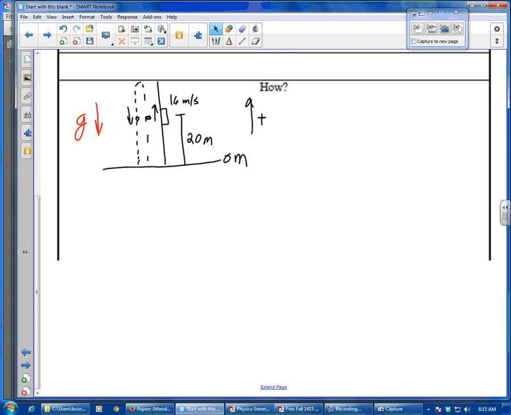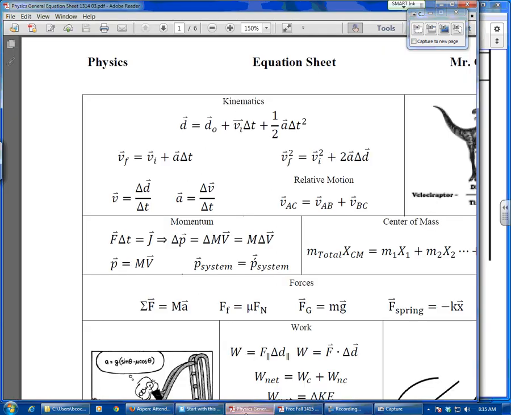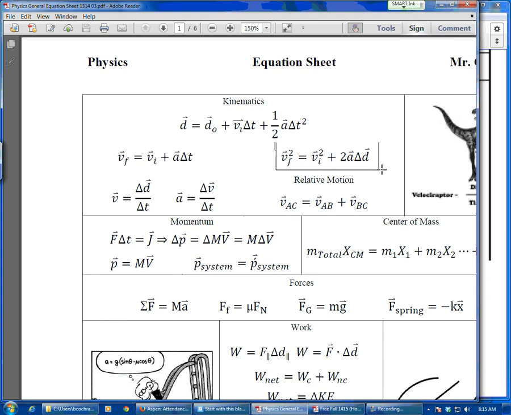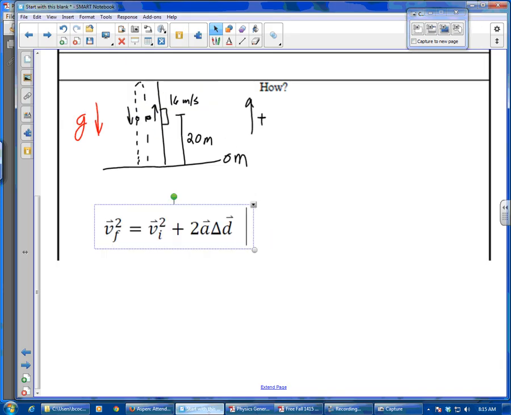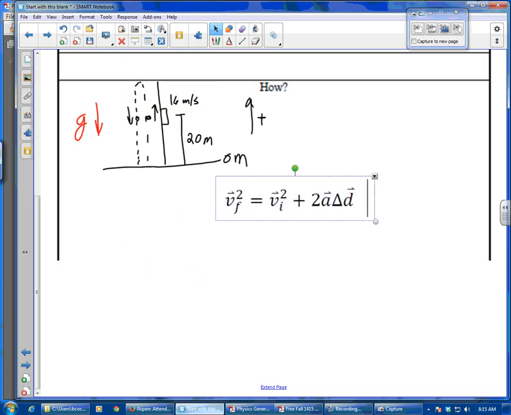And so we look at our equation and say, which one tells me a lot about speed or velocity changing because I was accelerating and I went a certain distance? Well, that one would be this one right here, for hopefully obvious reasons. So that's the one we're going to start with for part A here.